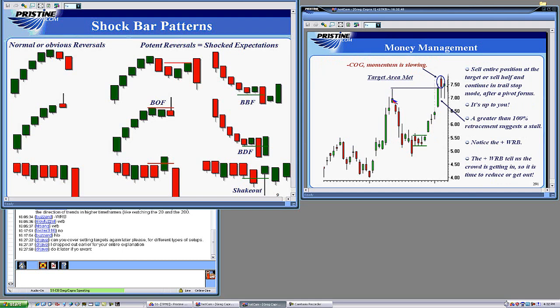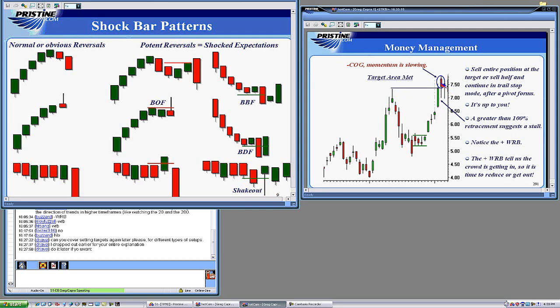And as prices push up into this area here, this pivot high tells me that there's going to be sellers up there. So your target area, you can just offer out at that point up into that area, looking to get taken out on the offer as it pushes up.